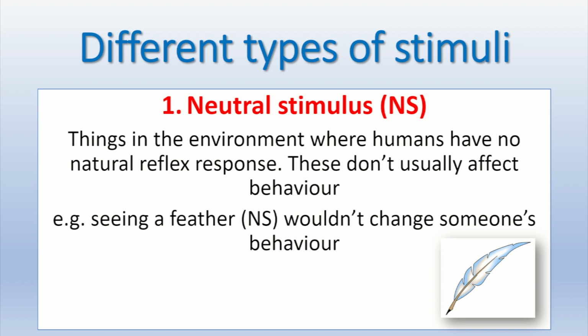So in this example, seeing a feather, which would be classed as a neutral stimulus, wouldn't change somebody's behaviour. So it doesn't change behaviour at all. If I present you with a feather now, it doesn't produce any response in you.